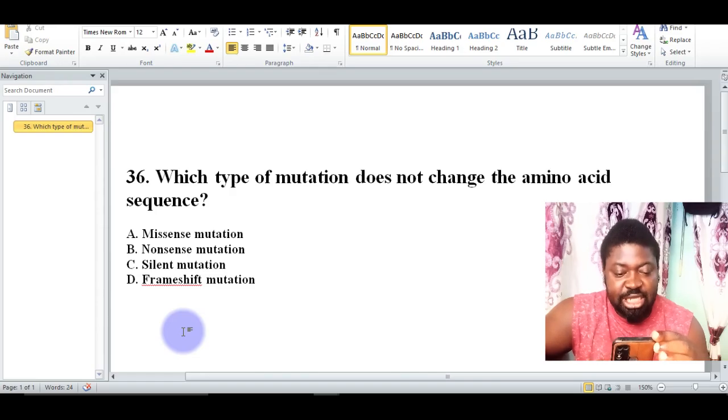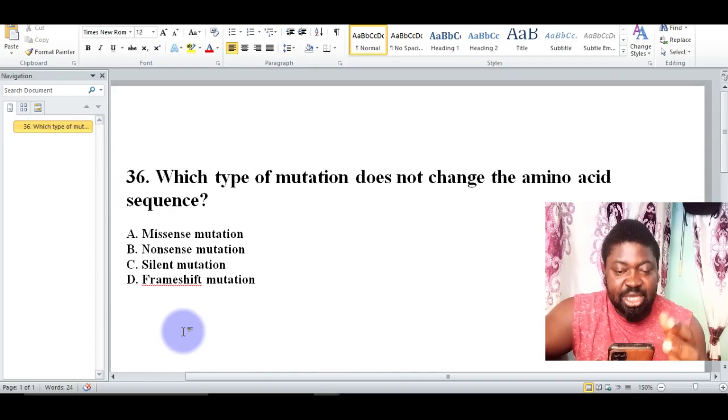If you look at these options, the correct one here is C, which is silent mutation. It is the silent mutation that does not change the amino acid sequence. Why? Because a silent mutation can only change DNA bases without altering the encoded amino acid, due to genetic code redundancy.